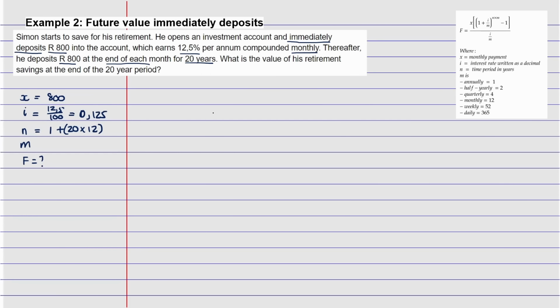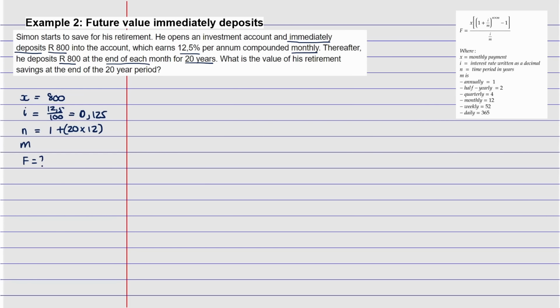The reason I'm not doing it in the formula is that you might forget and multiply the 21 by 12, which will be wrong. That is why I account for the M already in the N.